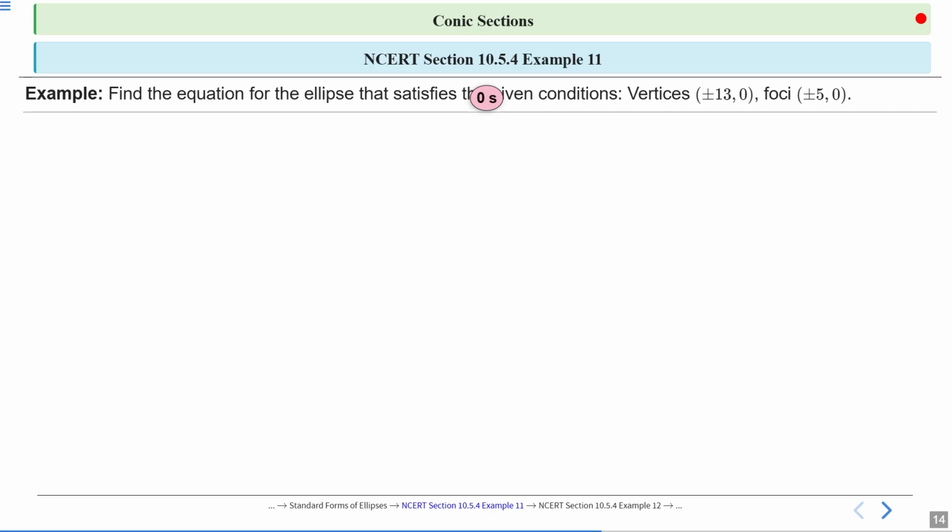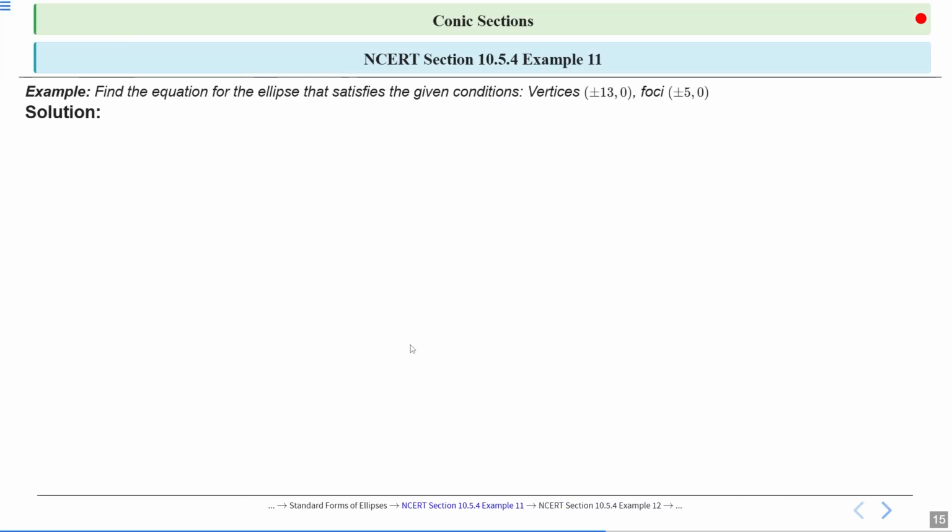Okay, students, now we will solve this example. We have given the coordinates of vertices plus minus 13 comma 0, and the coordinates of foci plus minus 5 comma 0. Let's solve this step by step.